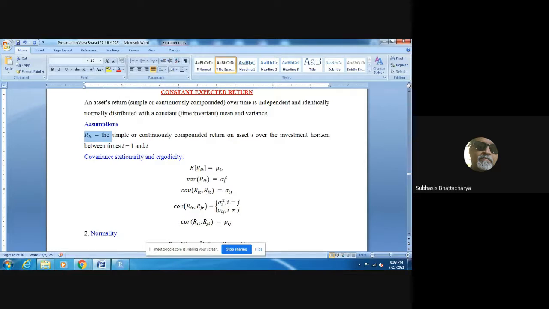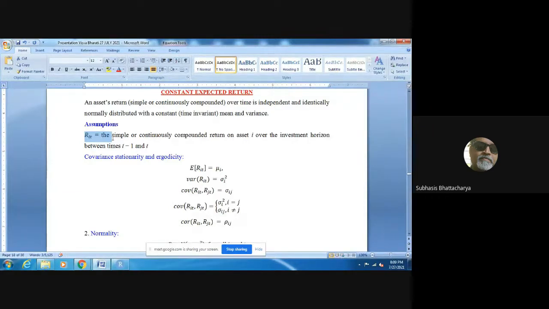And that is what the data set is like. For periods 1 to some capital T, the returns are there, and their expected return is constant, assumed as mu_i. The variance is sigma_i squared, and the covariance is a constant sigma_ij.